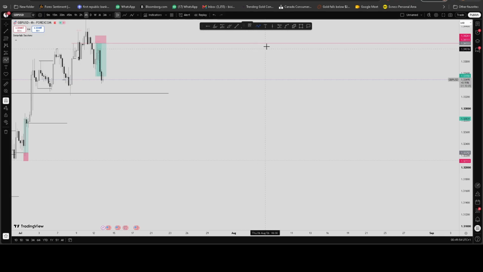What I do is, let's say this is a daily key level, and after we have a rejection on that point of interest on the daily time frame, because we need to get a bias. Now let's say this is a rejection on the daily time frame.